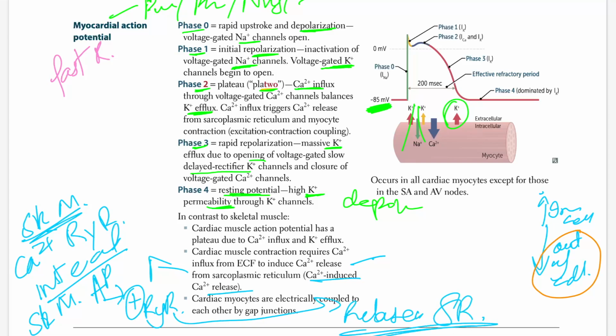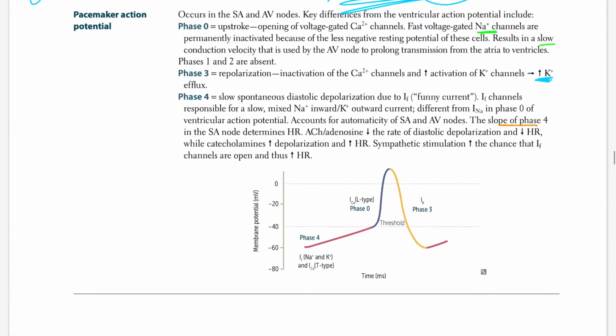That's important to this concept: calcium-induced calcium release is in cardiac muscle, but in skeletal muscle, the action potential directly stimulates the ryanodine receptor, which causes release of calcium from the sarcoplasmic reticulum. Okay, so that's the difference, and that's all for this.